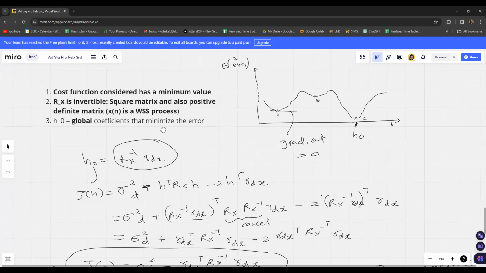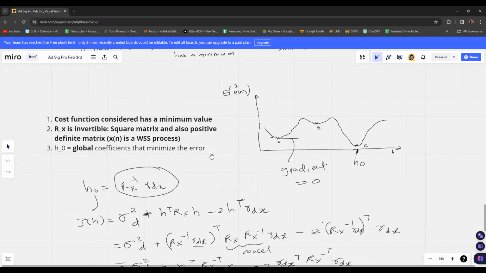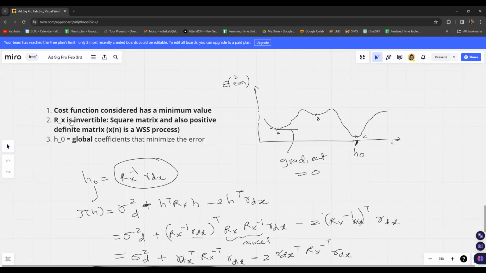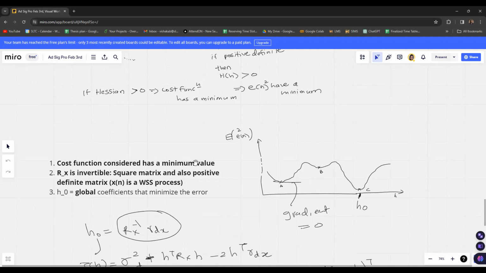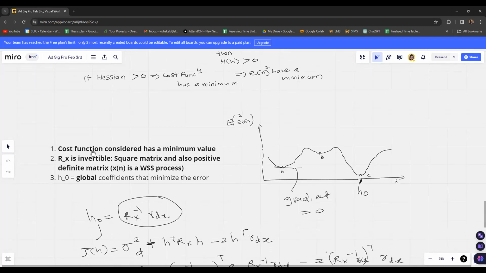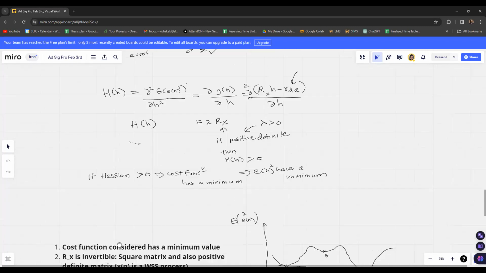So with that, I think we discussed and came to the conclusion that we need to find the cost function, and that cost function is the error value, and the error value is given by the equation that we found.